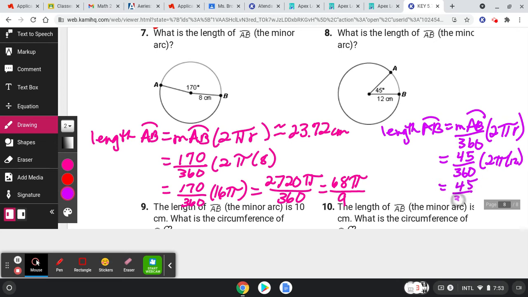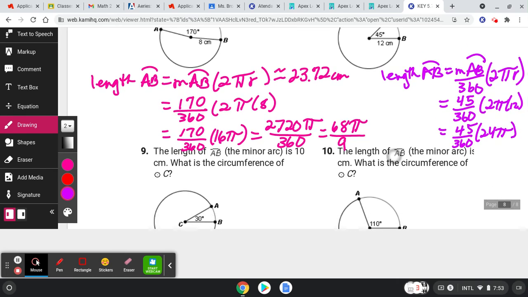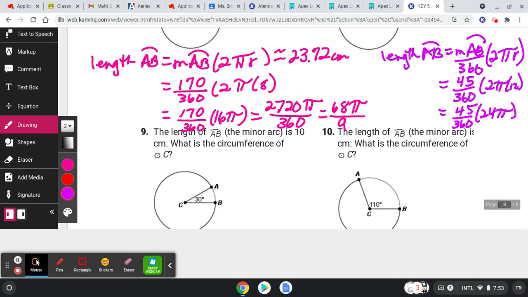So 45 over 360 times 24 pi. 45 times 24 is 1080 pi over 360. So the zeros cross out, and let's see what goes into 108. 60 goes in. 18 pi over 6. And so it actually just works out to 3 pi.